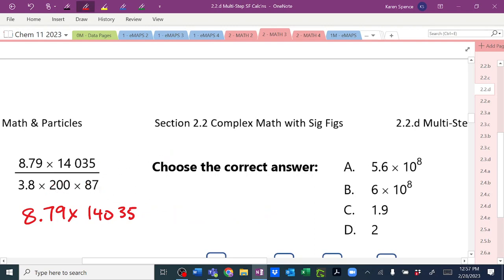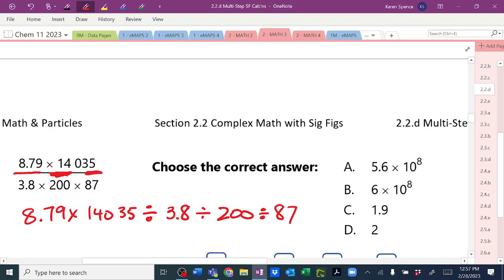Two ways to do it. You can type in 8.79 times 14,035, and then this line, of course, means divided by, so we'll still have divided by 3.8. 200 is in the denominator, so we want to divide by 200. And 87 is in the denominator, so we want to divide by 87.